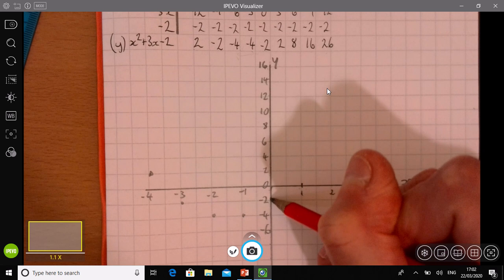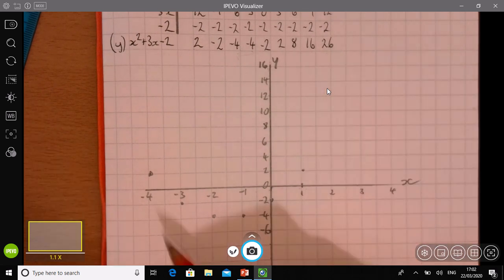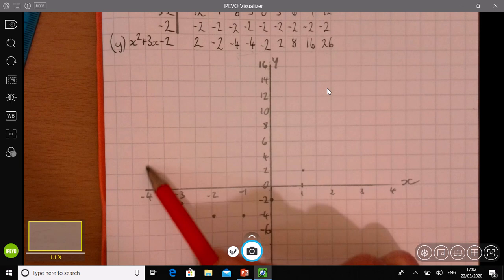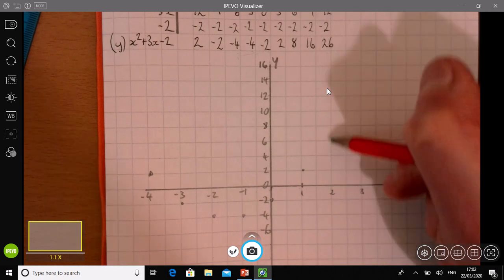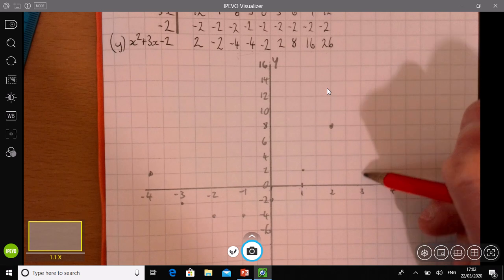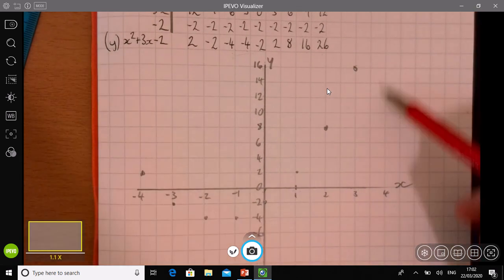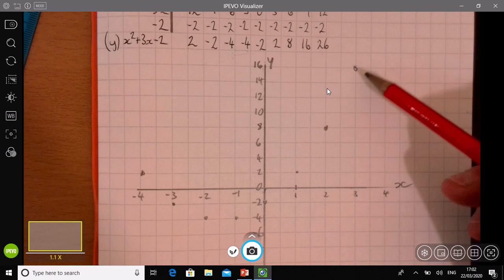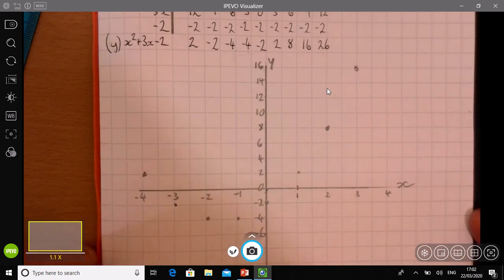Whoops, now you put it in the wrong place. And 1 goes with 2. That's where you saw that little bit of symmetry there. Okay, so it's repeating itself. And then we went 2, went to 8. We've got kind of this little tick up here. If you remember, I decided to miss out that last value. Okay, I want to try to fit them in if I can, but it's going to suddenly be shooting up the page, and I decided I didn't quite have enough room for it.